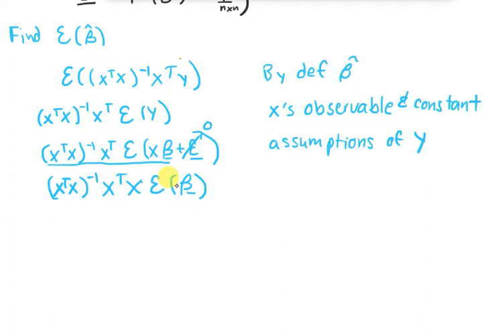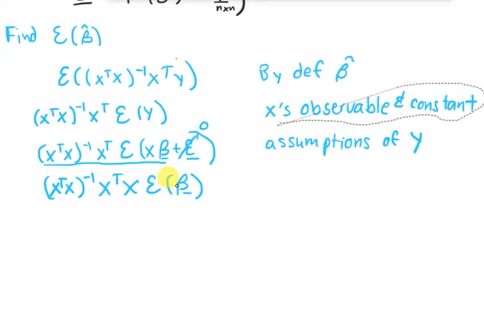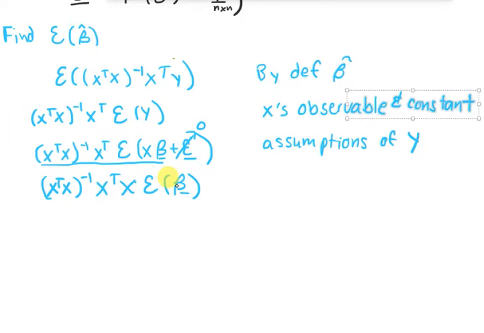So I am going to just copy this. X is constant, that's why we did that. By linear algebra rules, this is actually just equal to an identity matrix, and an identity matrix times another matrix or vector is itself.